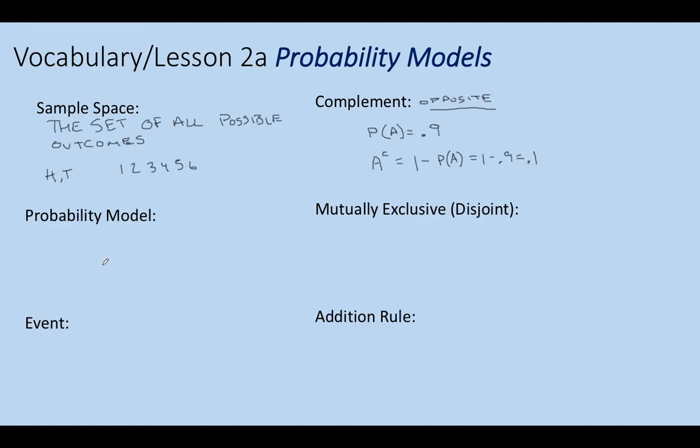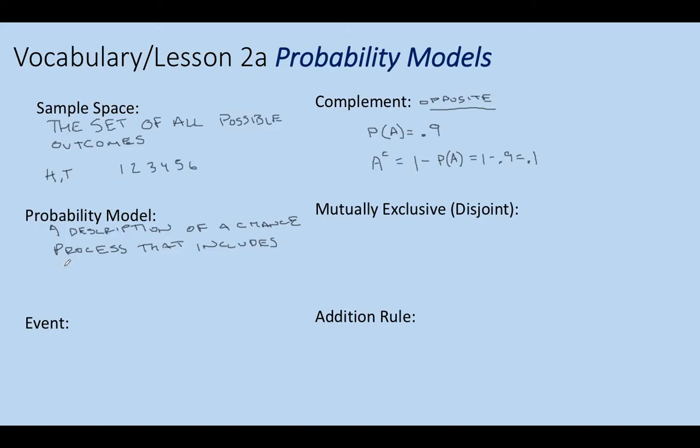All right, a probability model. Well, that is a description of a chance process, so essentially a probability type situation that includes two things.